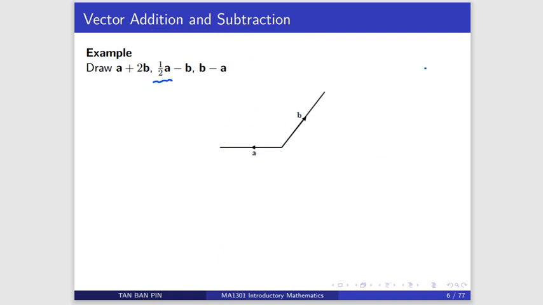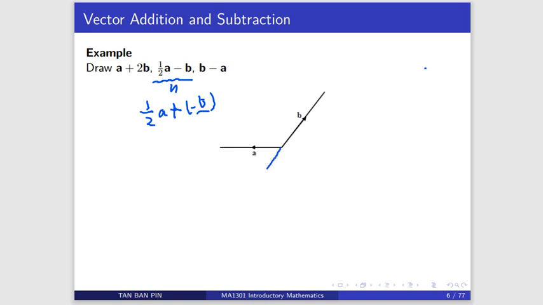Next, look at half A minus B. To draw half A minus B, you take it as half A plus negative B. We know that negative B points in the opposite direction.